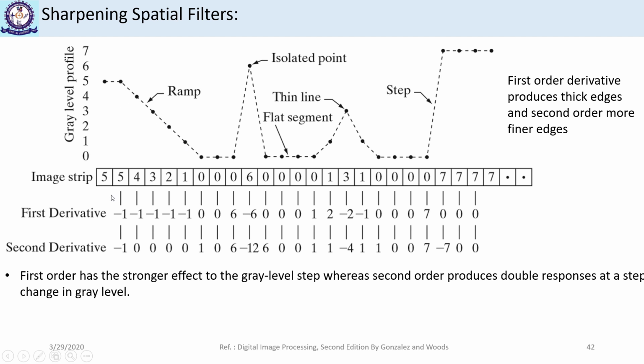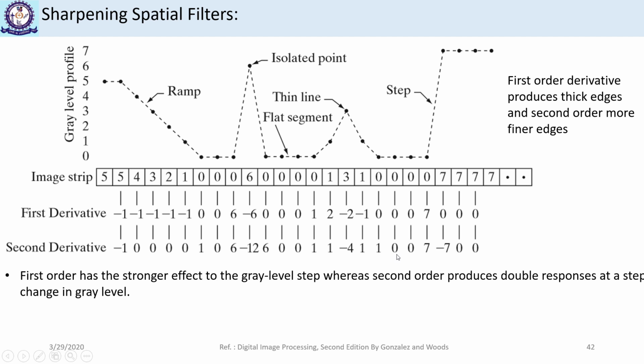If we observe the first derivative and the second derivative of the ramp, then the first derivative is constant all over the ramp, whereas the second derivative is non-zero only for the start and end point of the ramp signal. This is the start point and this is the end point. Only for these it is non-zero, and for the remaining it is 0.